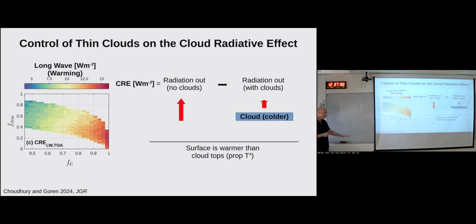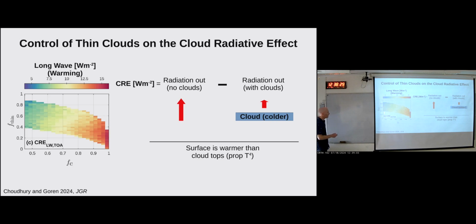But if the clouds are close to the temperature of the surface, they radiate more or less like the surface, so the effect of the warming, the radiation radiated downwards from the cloud based on the cloud temperature, is less important because it's similar to the surface. Nevertheless, we find that it is not negligible. So the cloud radiative effect here for the longwave is again defined as the difference between the longwave radiation going out minus the longwave radiation with cloud. So this is smaller because the cloud is colder than the surface, so it radiates less.